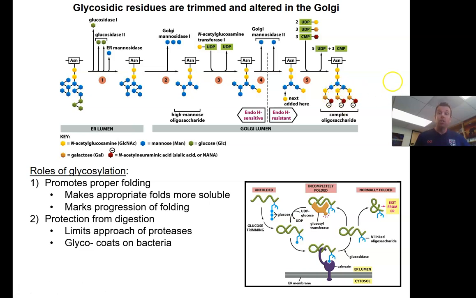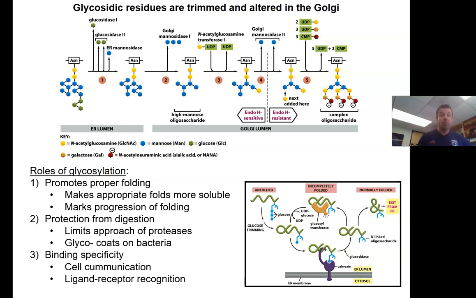So if a protein is covered in these sugars, proteases don't cleave it as well. And this is, for example, the glycocoats on bacteria that help protect them from a lot of things. And in our intestinal lumen cells, the extracellular proteins are highly glycosylated because that protects those proteins from the acid and the harsh aspect of our digestive system as well.